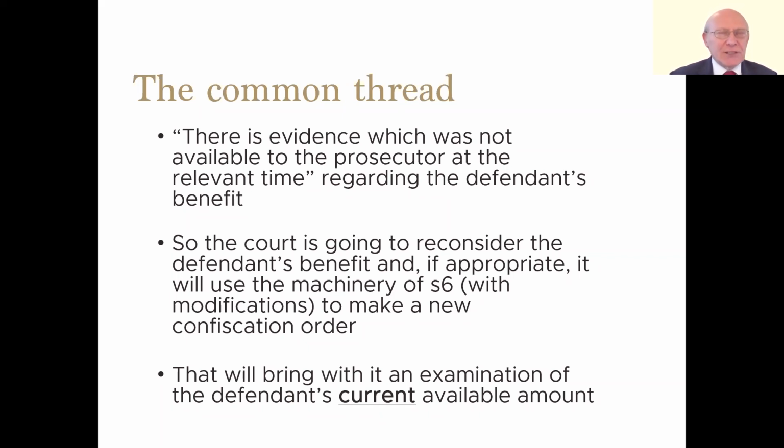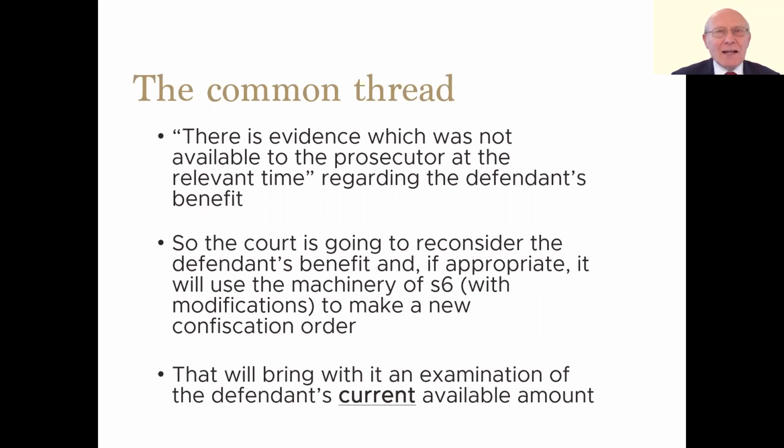So what we're going to do, and this is where it gets a little bit complicated, is to reconsider the defendant's benefit at the time the confiscation order was made, or at the time the court decided not to make a confiscation order, but in the light of this new evidence, which was not available to the prosecutor at that time.